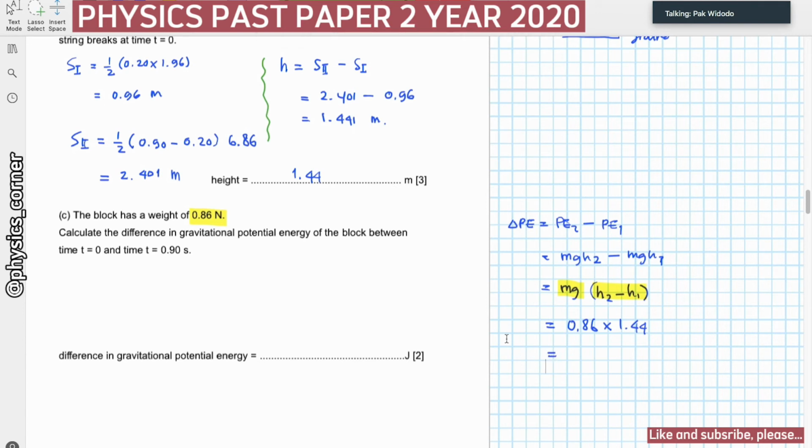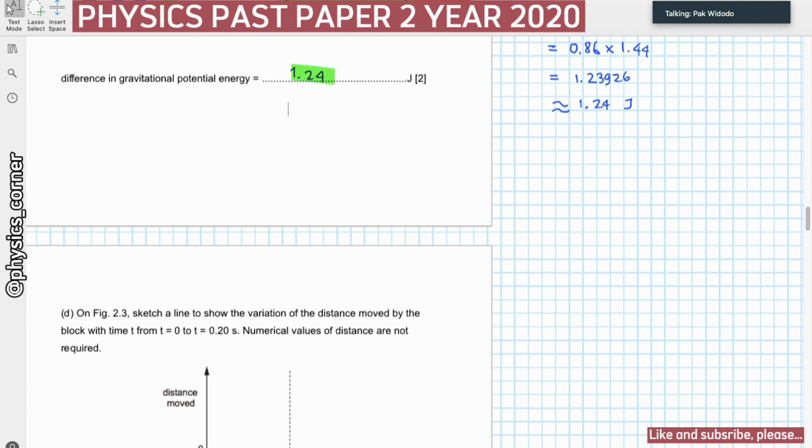So we get 0.86 times 1.44, which is 1.3926 in full, and this is equal to 1.24 joules. 1.24 joules. That's it. Okay, we go to the next question.